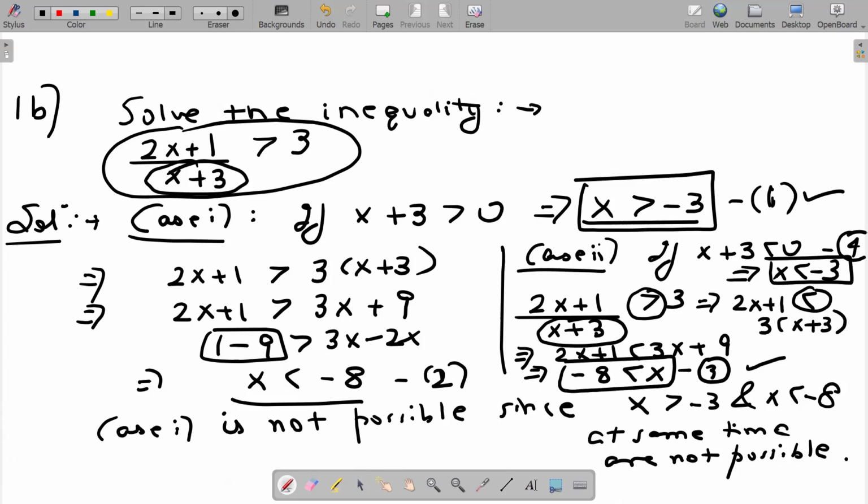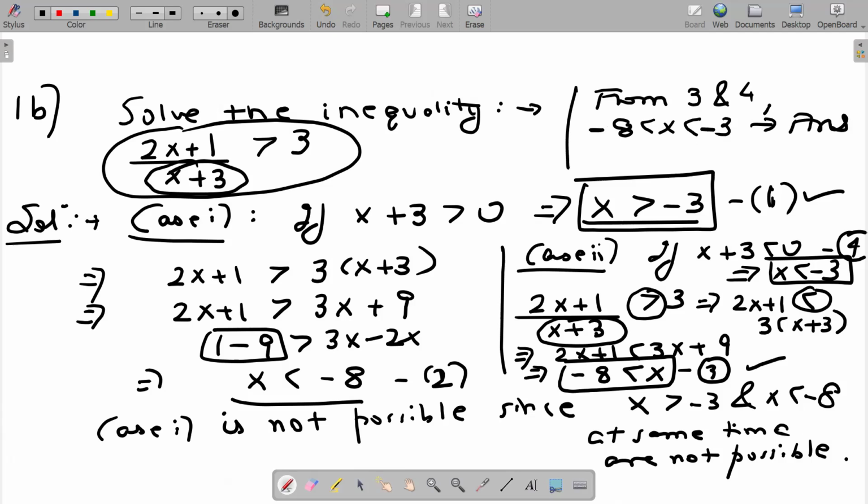These two cases together can exist. So from 3 and 4, x is more than minus 8, but less than minus 3. This is my answer.